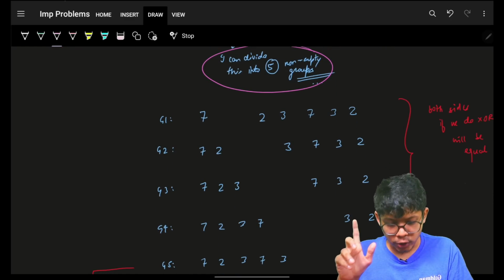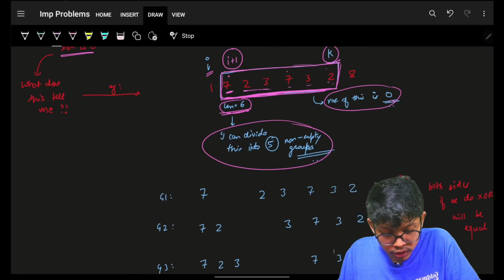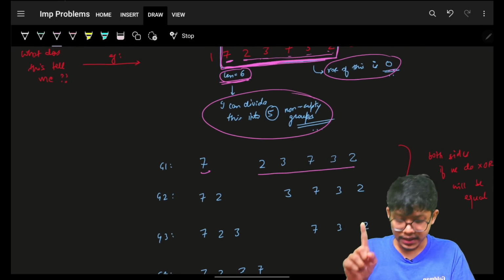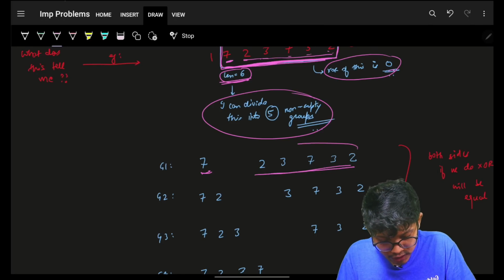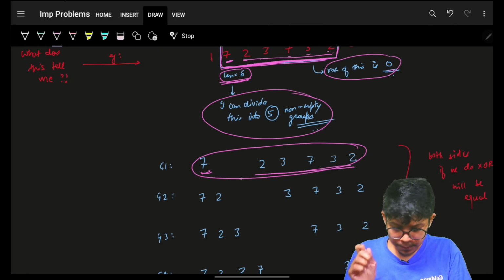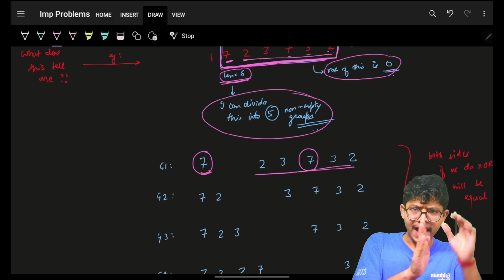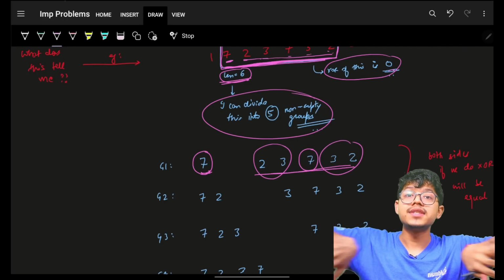So the first group can be that I took a 7 and I took a 2, 3, 7, 5, 2. And I'm saying the XOR of them is actually the same. How can I say that? Because I know the XOR of the complete range is 0. So for sure this should match with someone on the right, and ultimately everyone should cancel themselves.